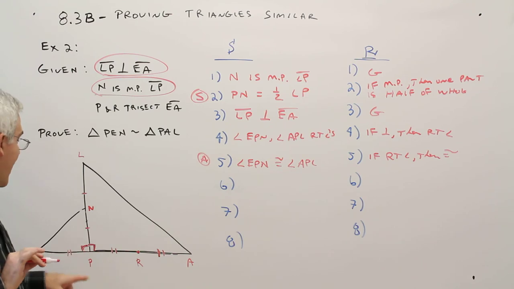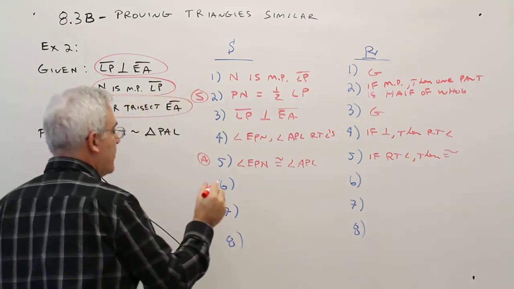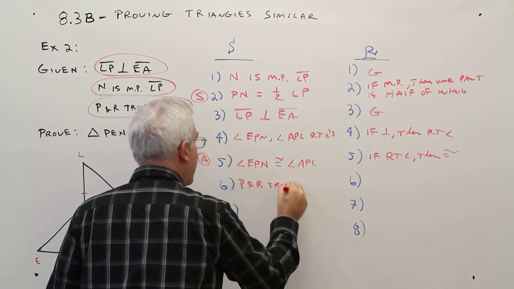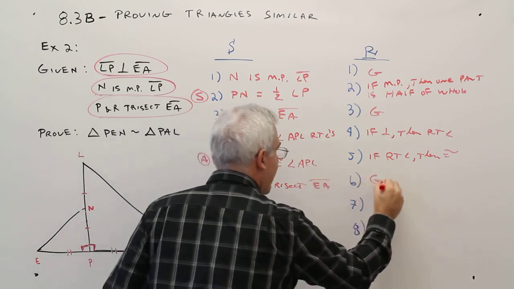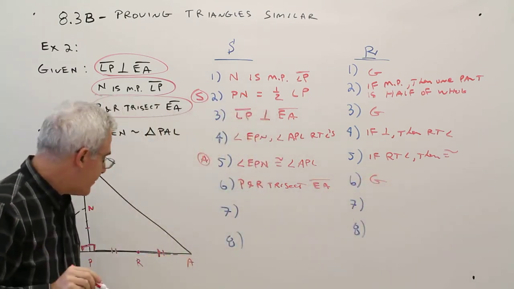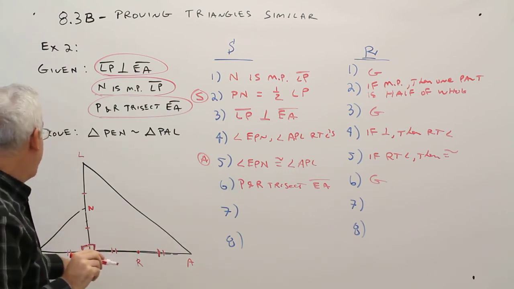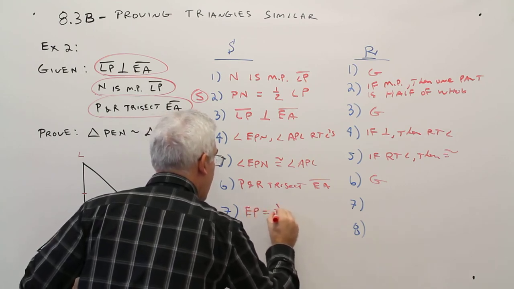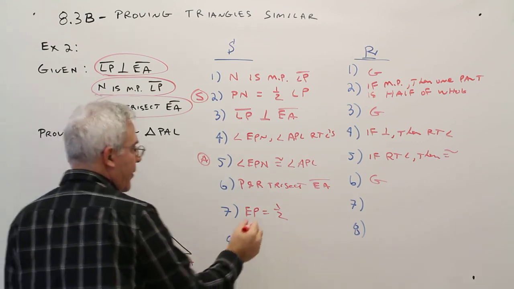Then I've got to get the other sides. I'm going to use this information right here. P and R trisect EA. That was given. Then, as I alluded to before, I'm going to say EP equals 1/2 PA.